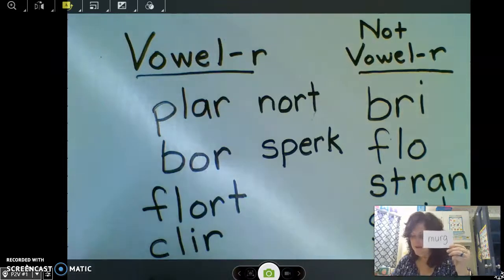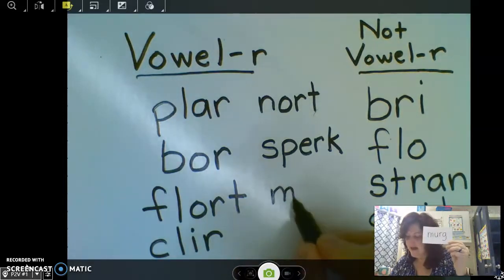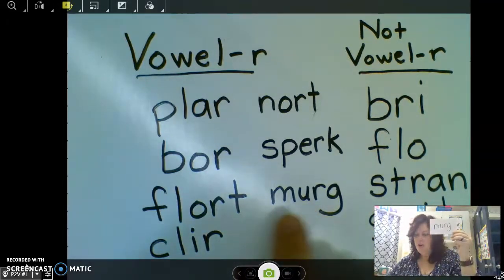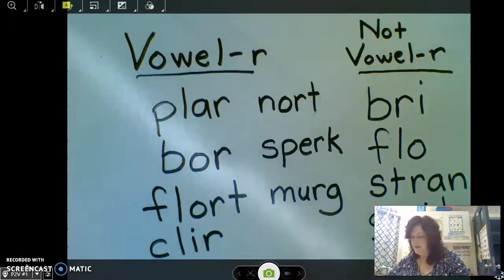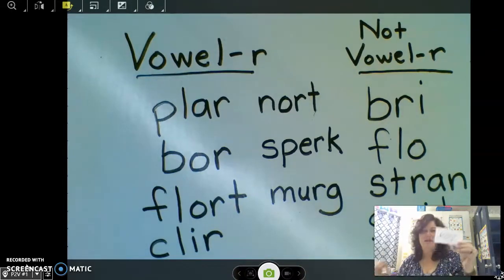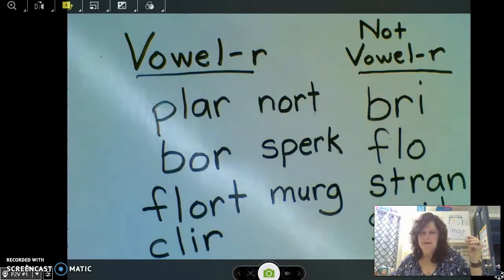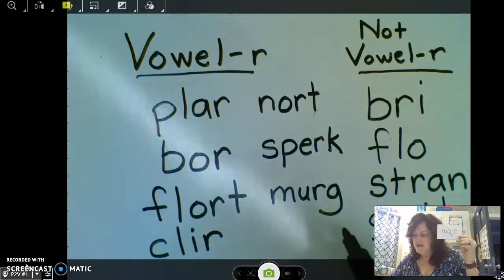Okay, good job. If you said, I see the vowel followed by R, that is a vowel R syllable. The vowel sound in the middle says we've got a merg. I am running out of room on my board. I think I'm going to have to, well, let me move it for some reason. Strange. Okay.